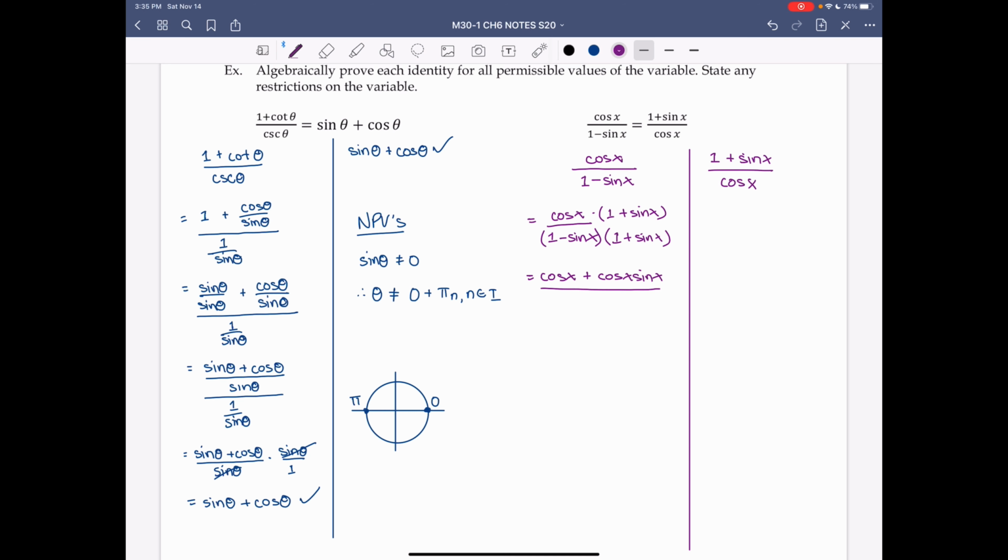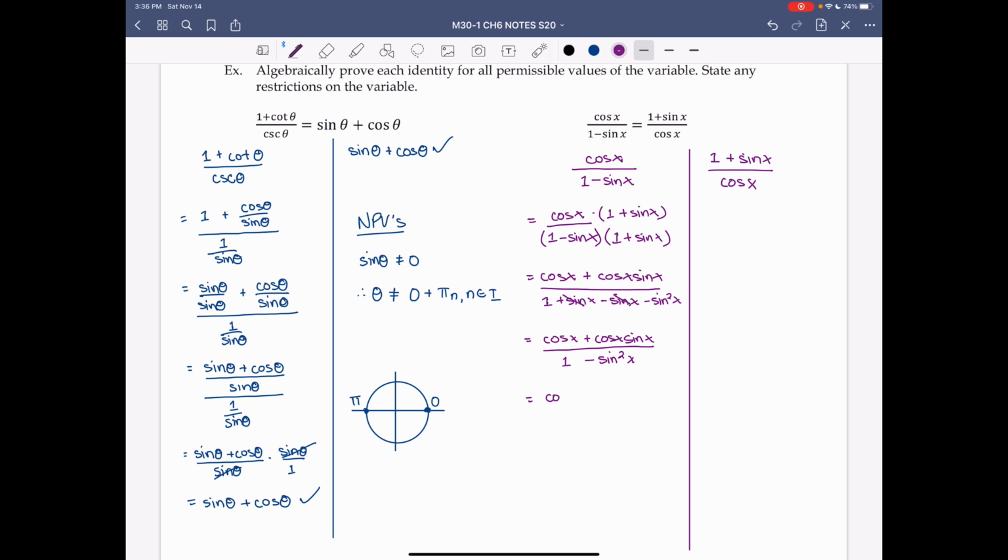And on the bottom, 1 times 1 is 1. 1 times sine x is plus sine x. Negative sine x times 1 is minus sine x. And then negative sine x times positive sine x is negative sine squared x. Then I get cos x plus cos x sine x over, simplify the bottom, we get 1, middle terms add to 0, and then we have 1 minus sine squared x.